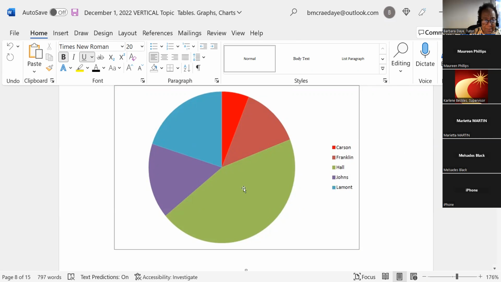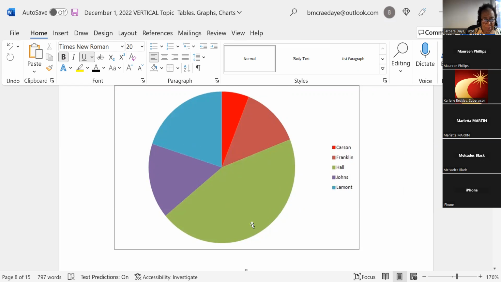Which two portions are the biggest there? Marietta, I don't hear you. Which two portions in the pie chart are the largest? Hall and Lamont.